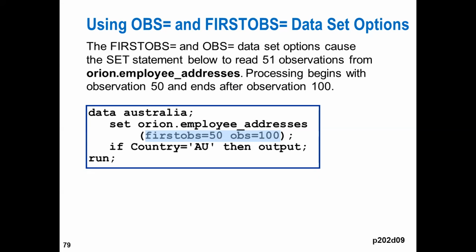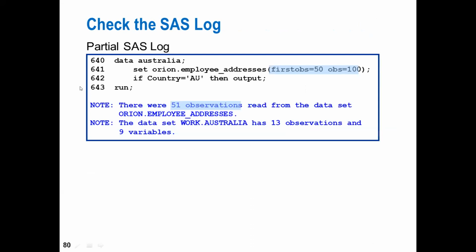So you can give a range of observations. Out of 51 observations, the criteria for AU is true for only 13 observations.